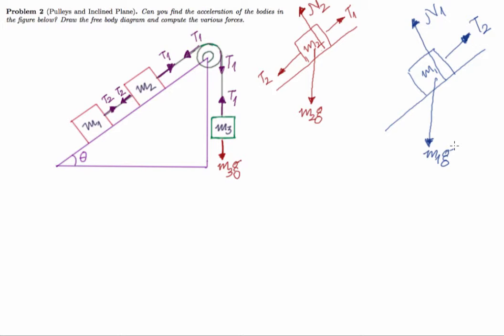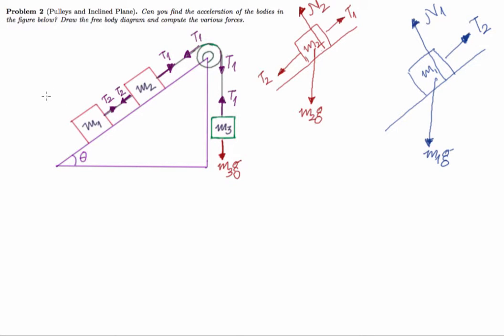Now note that all the masses are connected by taut strings, and we know when this is the case, all of them have the same acceleration. Without any loss of generality, assume that the masses M1 and M2 are moving down the incline. And there's no loss of generality, because if the acceleration turns out to be negative, then we'll say both of them are moving up the incline and M3 is moving down.